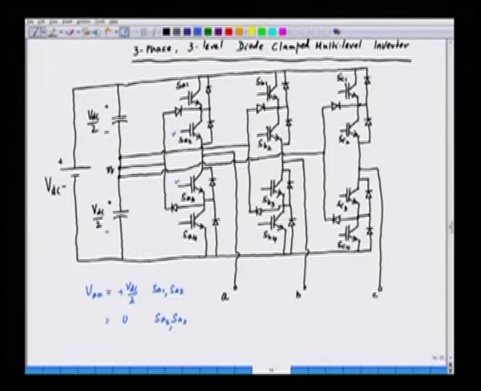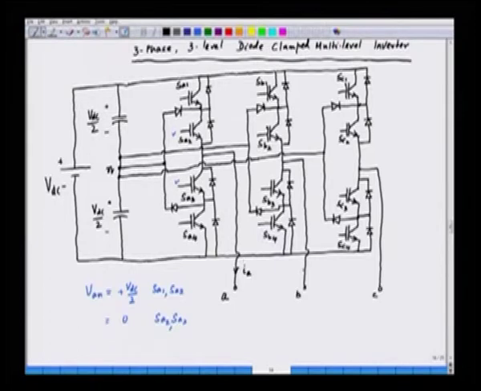We are having a clamping diode. This is basically the point here which is connected to this. If the current is positive here, the positive current will flow through this diode and this IGBT SA2 and will go here. Positive current means the current is coming out of this. We can call this IA, the direction of positive current.